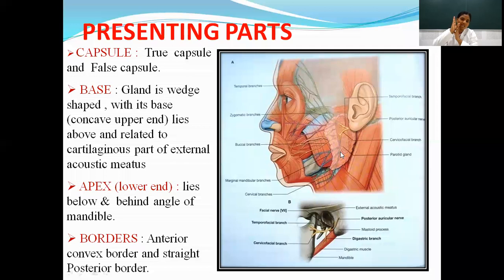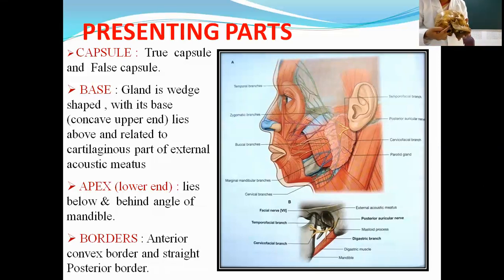Then what happened? The deeper lamella is thin and is attached to the tympanic plate of the temporal bone and gets attached to the styloid process.